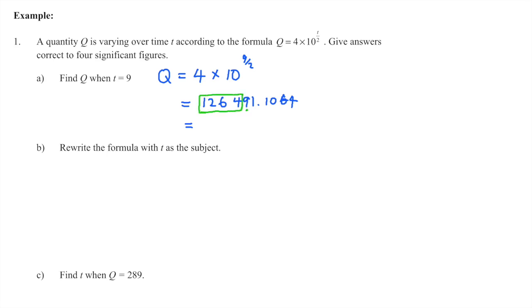The next one's a 9, so it's going to bump it up. So 126,491.1064 to 4 significant figures is 126,500.